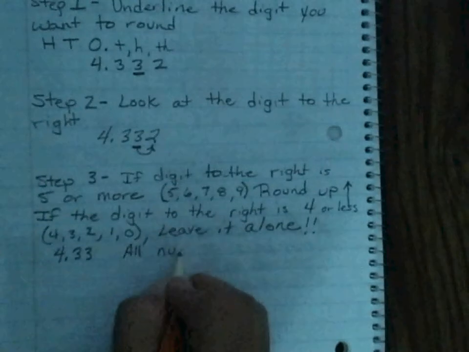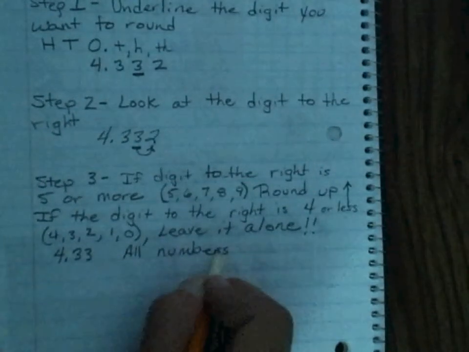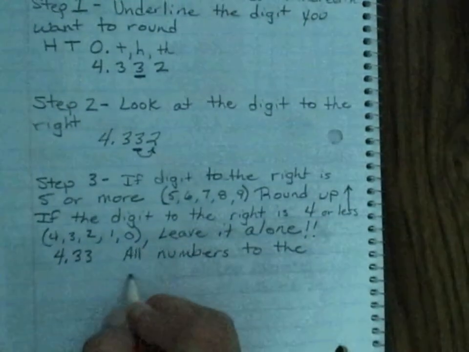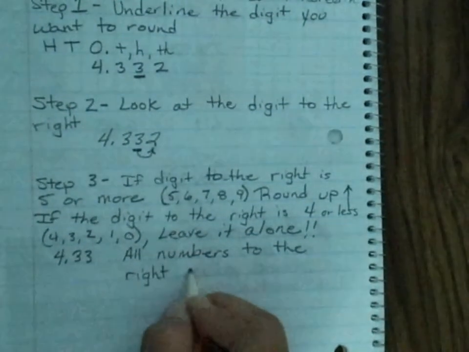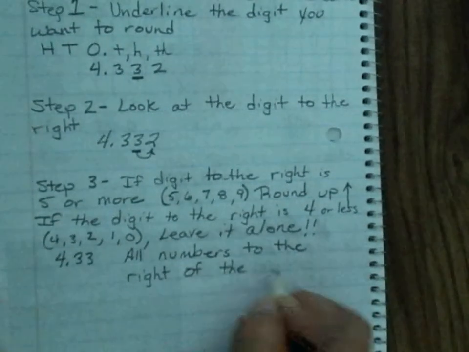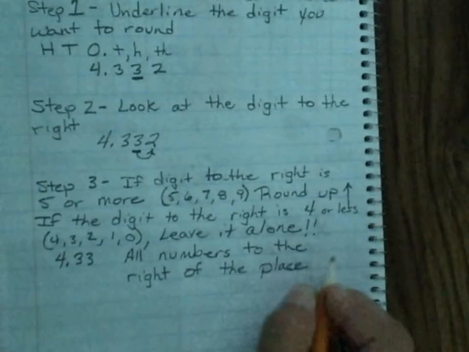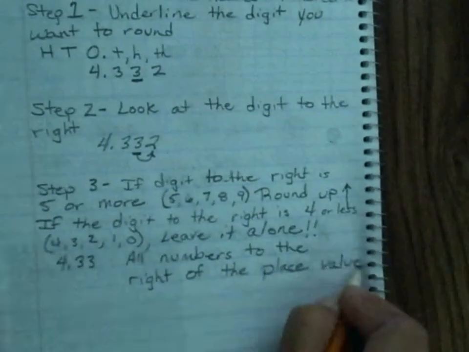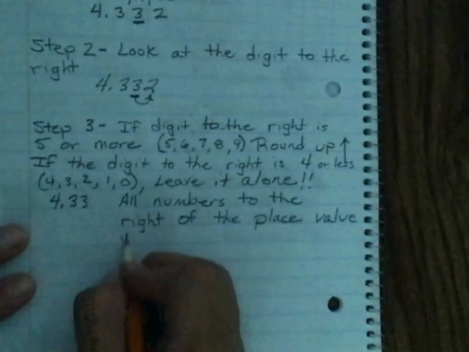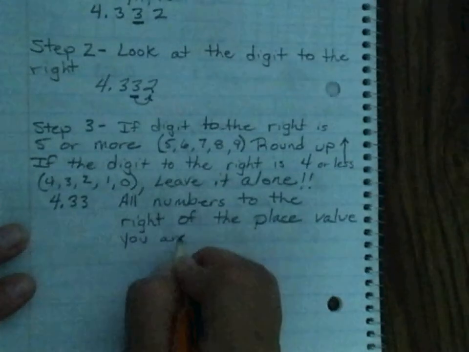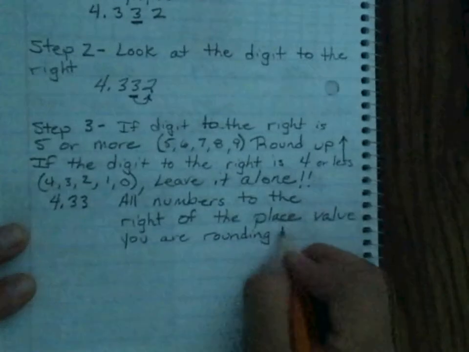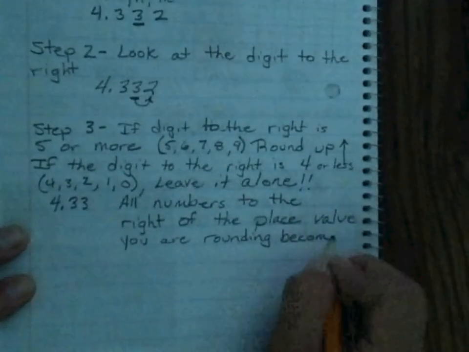And all numbers to the right of the place value you're rounding become zeros.